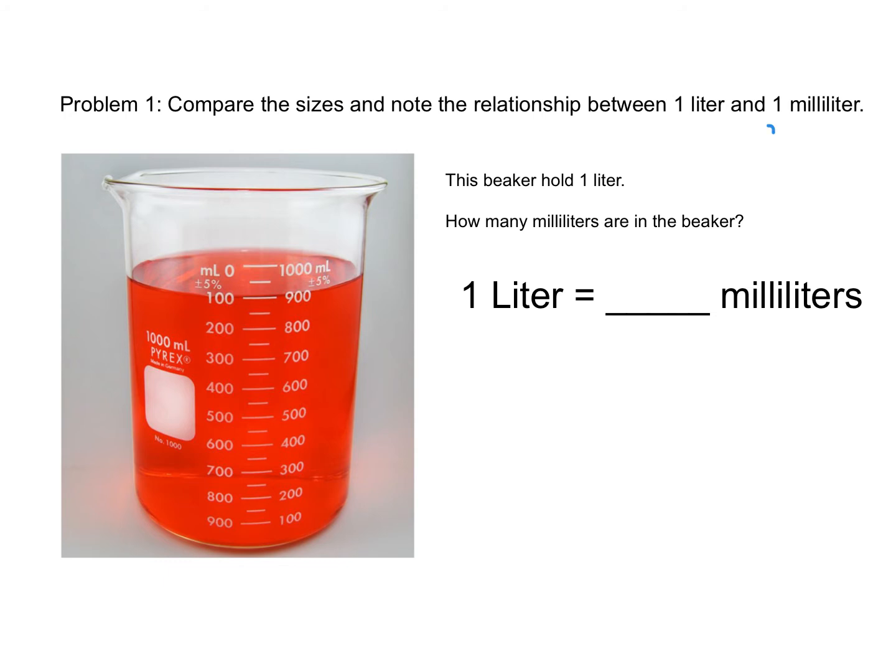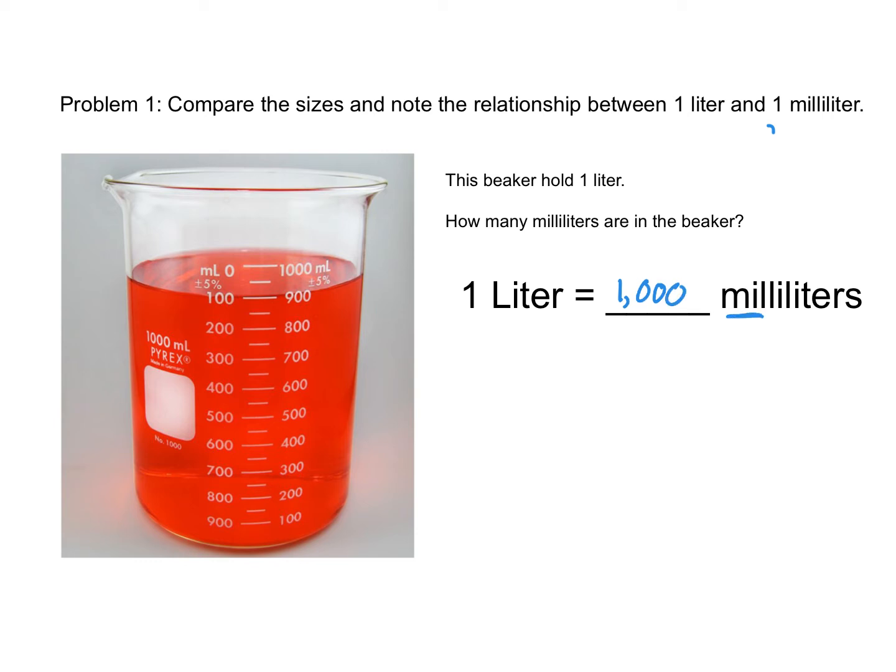All right, we are going to look at this beaker that's filled with some kind of red liquid, and it holds 1 liter. How many milliliters are in the beaker? We want to find out, 1 liter is equal to 1,000 milliliters.